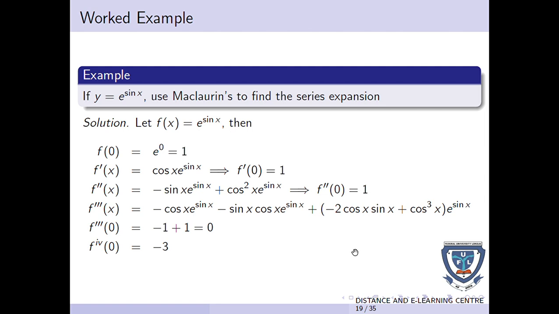Now let's look at more worked examples. If y is equal to e^(sin x), use Maclaurin's to find the series expansion. Solution: let f(x) be given, then f(0) is 1, f'(0) is 1, f''(0) is 1, f'''(0) is 0, and f''''(0) is -3.